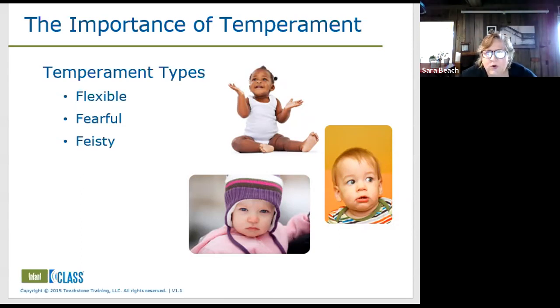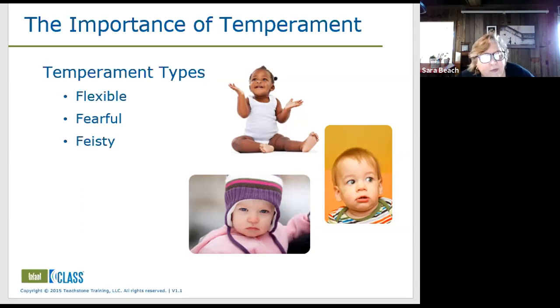These different words here, flexible, fearful, and feisty, describe three different types. The researchers, Thomas and Chess, studied different infants and they identified 9 different temperamental traits, like the activity level of the child, the distractibility, the intensity of the child, how sensitive they are.